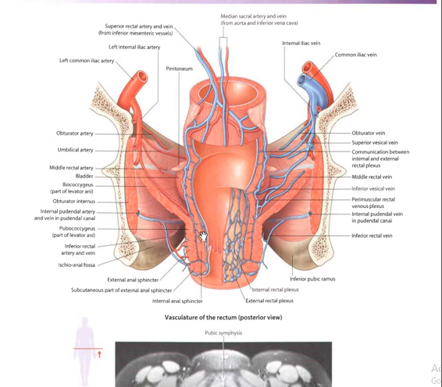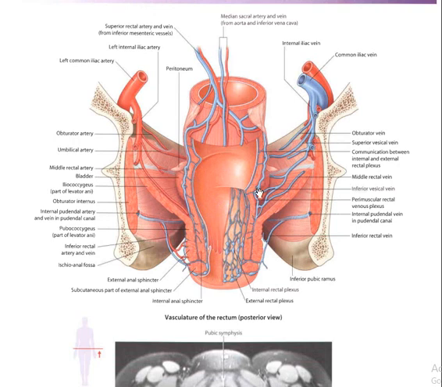If you have a blockage of the portal system, you can have hemorrhoids because of the plexuses. Normally, in portal hypertension, venous blood goes through the superior rectal vein, but hemorrhoids are formed because it anastomoses back and tries to flow back through the inferior rectal and the middle rectal veins.